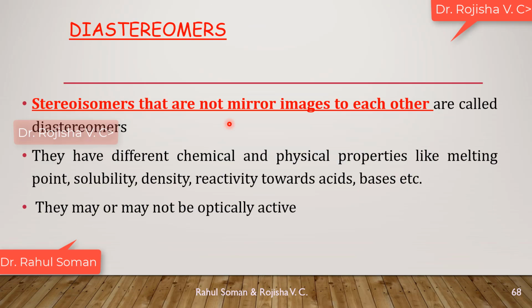Next is diastereomers. These are also isomers. Diastereomers are stereoisomers that are not mirror images of each other. If a molecule has more than one asymmetric carbon, then only diastereomers can exist.